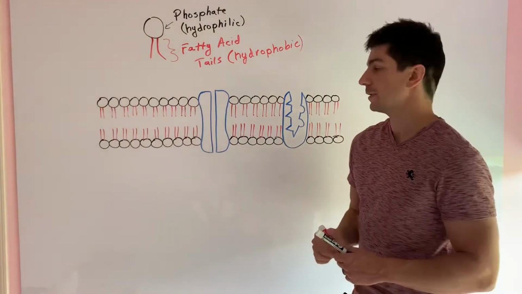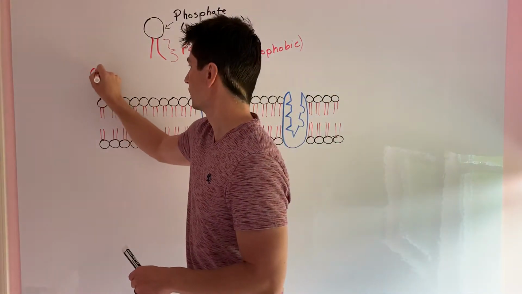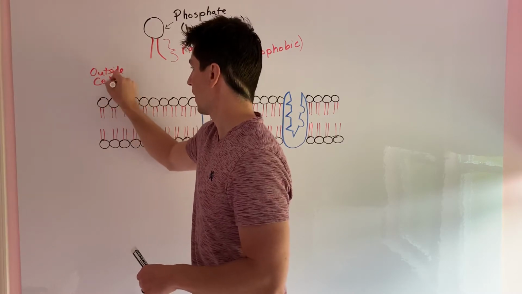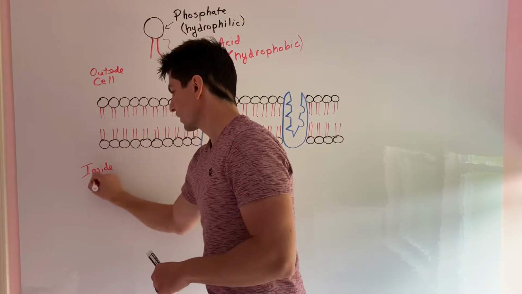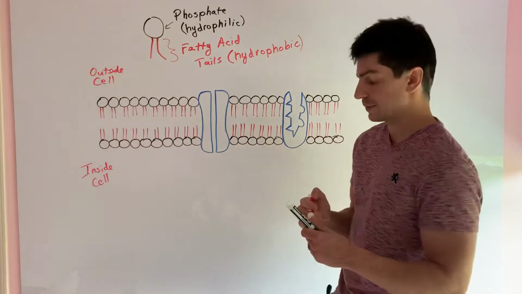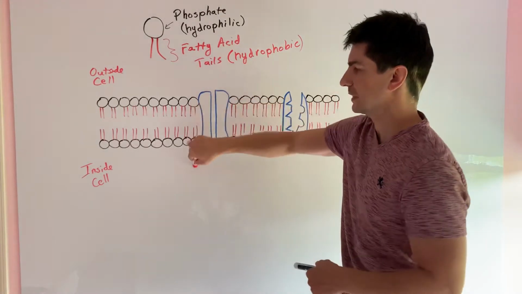So if we were to put water on one part of this cell membrane, let me explain what would happen. Let's say this area up here is outside of the cell. Down here, we'll say is inside of the cell. You can see there are 2 layers of phospholipids making this up, and the phosphates are pointing to outside the cell, and the phosphates are pointing to inside the cell.